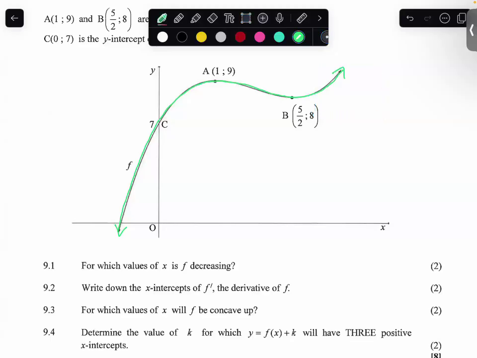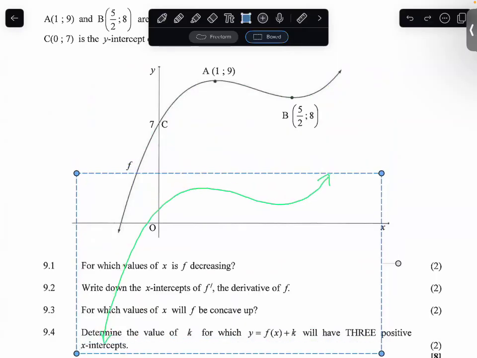Currently it only has 1 x-intercept, and it is a negative x-intercept, right? So I'm going to make it undergo a translation, a vertical movement. I'm going to shift the graph down.